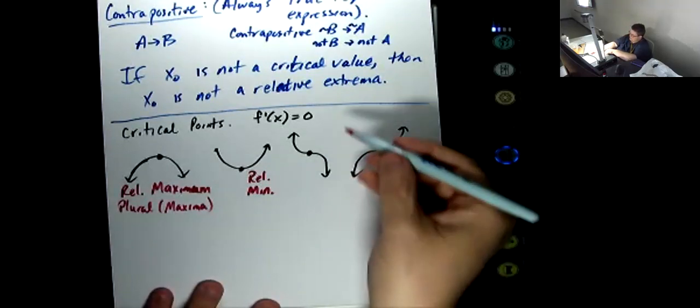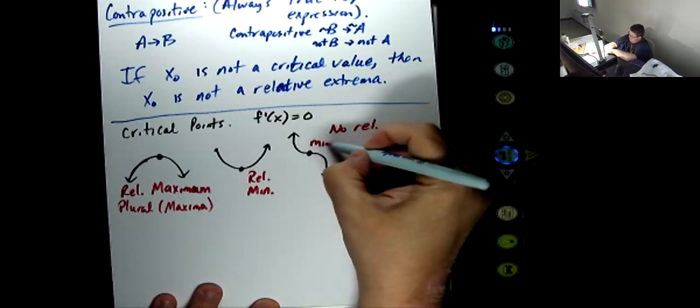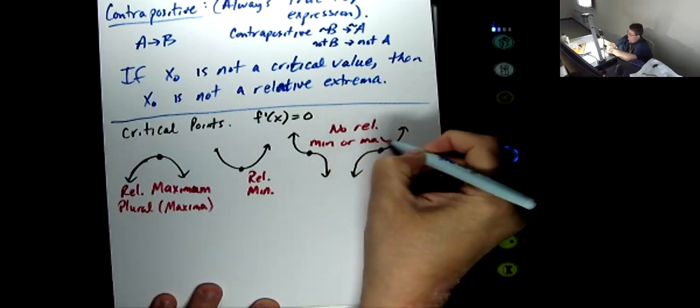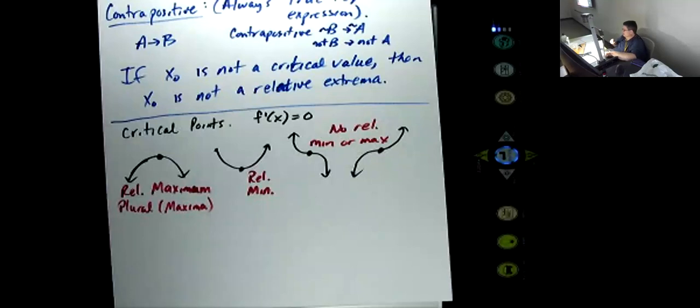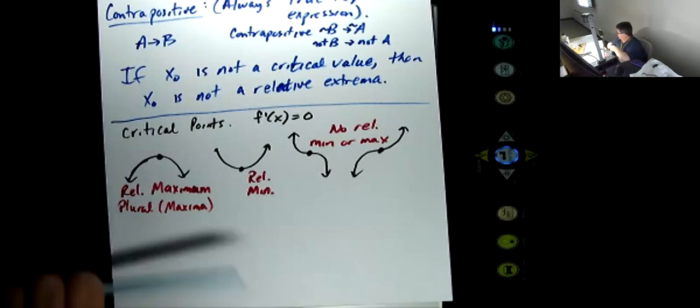But these two, there's no relative min or max. The slope equals 0 there for the tangent line, but nothing's going on.